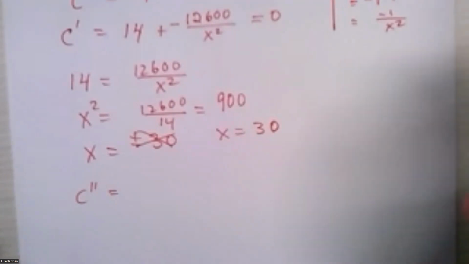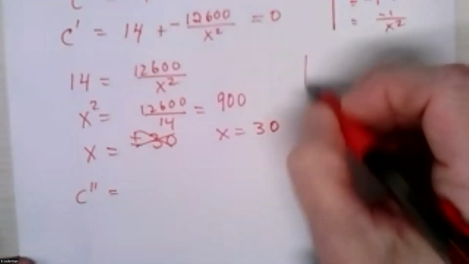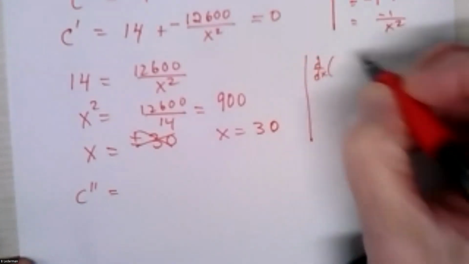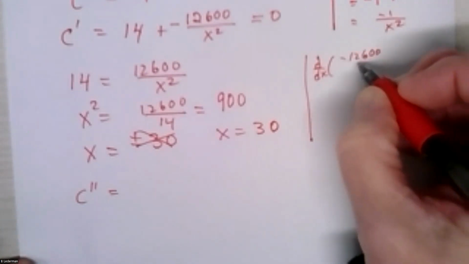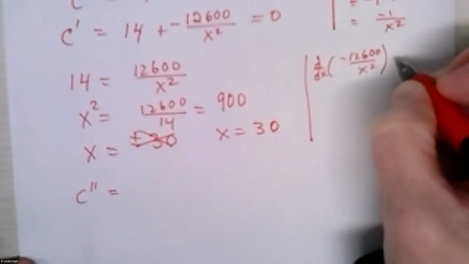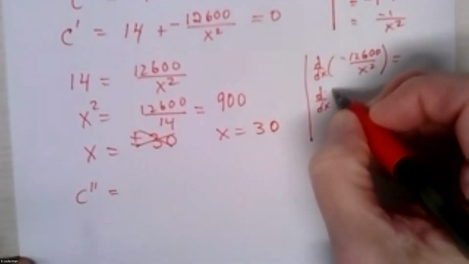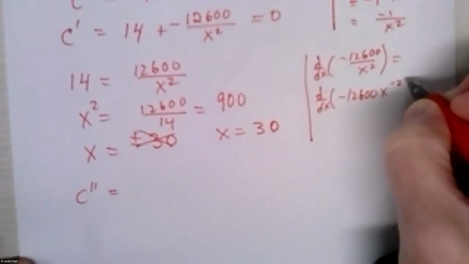Again, let's rewrite this. I want d/dx of negative 12600 over x squared, but that's equal to d/dx of negative 12600 x to the negative 2.